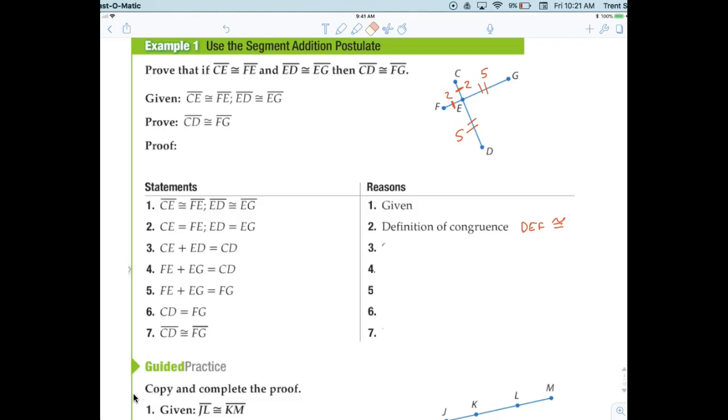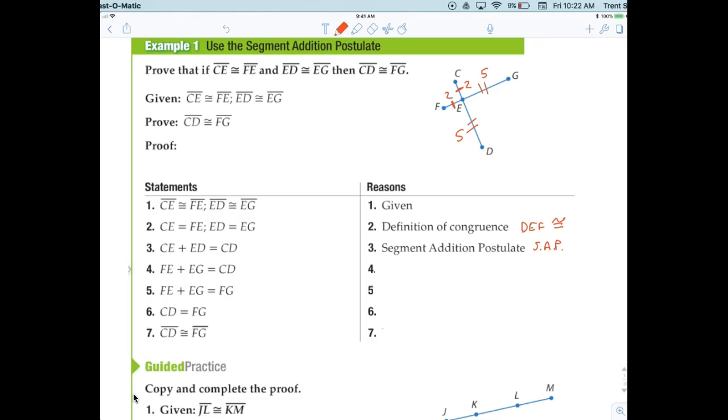For us, there's only one abbreviation for this, segment addition postulate. You might have to write it out several times, but I don't mind because there's nothing else that will be abbreviated.